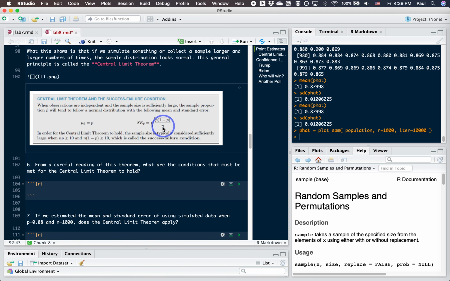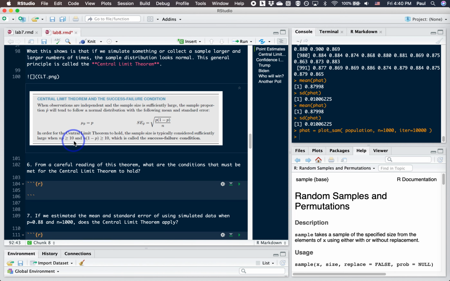The only thing we have to know about this is that we do have to have a large sample size, and there are some conditions considered sufficient for a large enough sample size, based on the sample size n and the proportion of your population.